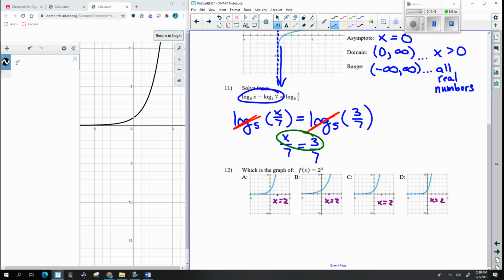so if I plug in the number 2 here, that's equal to 4. So when I make my x 2, my y should be equal to 4. Let's take a look at which picture has a point at 2, 4. This one doesn't. That one's way off the map. That doesn't work. 2, 4.